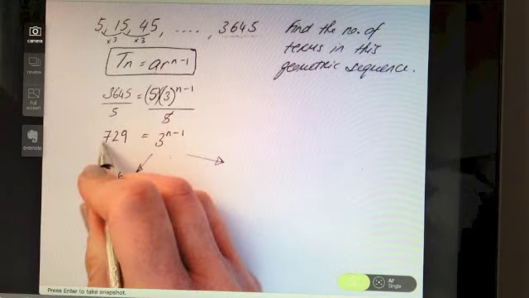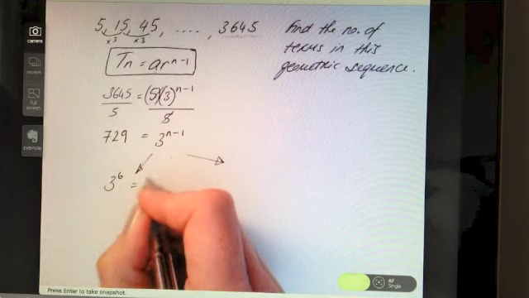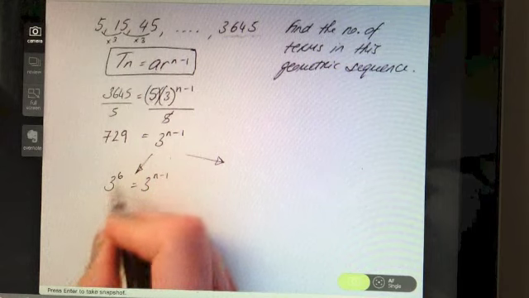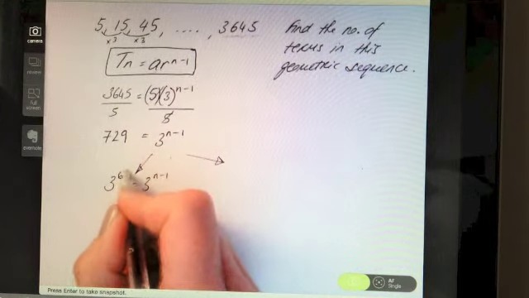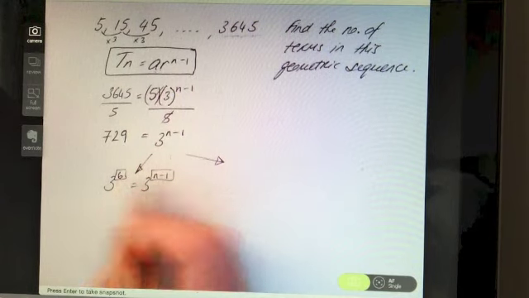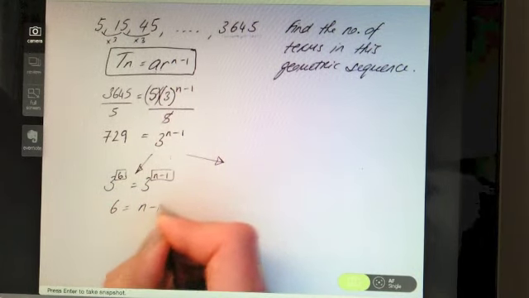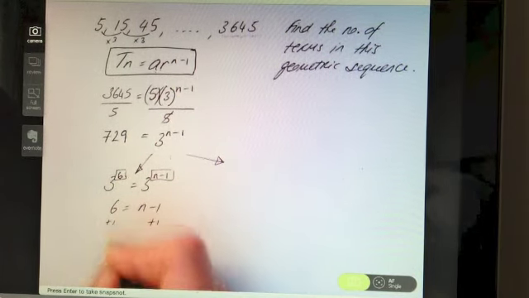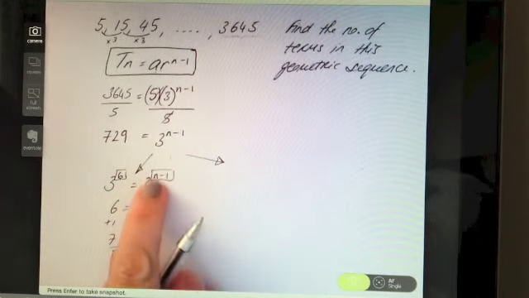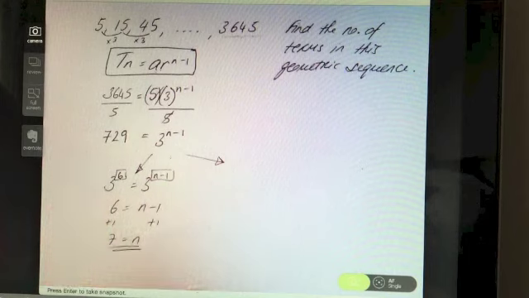So you've got 3 to a power is equal to 3 to a power. And once you've got the left hand side looking like the right hand side, you can then equate the powers. So 6 is equal to n minus 1, add 1 to both sides, and we have 7 is equal to n. Now that worked out quite nicely because n was a nice whole number. It may not always work out as nicely as that in other situations.